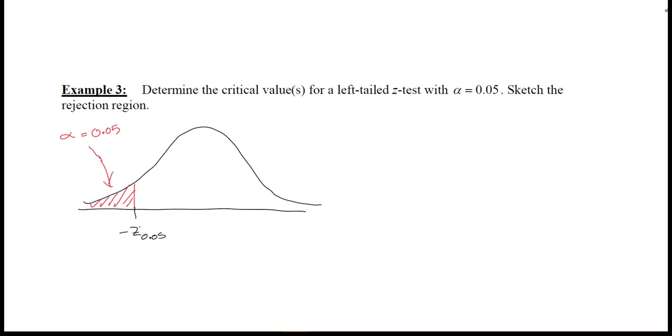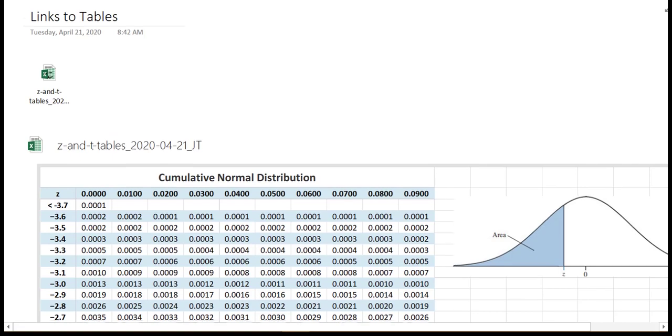Remember, if this is a standard normal curve, it's centered around 0, so the stuff on the left is negative and the stuff on the right is positive. So now what are we going to look up? Now we're going to look up area equals 0.05 in our table.